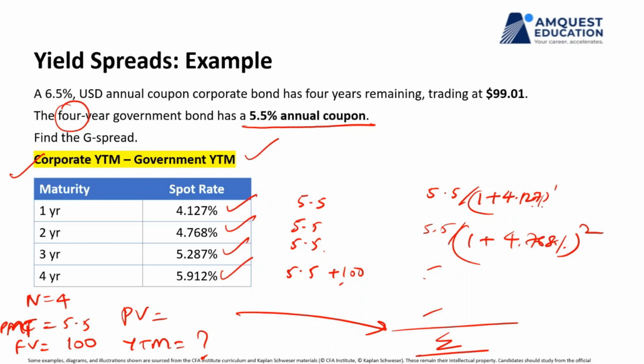And then you will have to find the corporate bond YTM. Let me quickly also look at my Excel sheet and do this for you, because we'll have different numbers, so we will have to discount it using different rates.